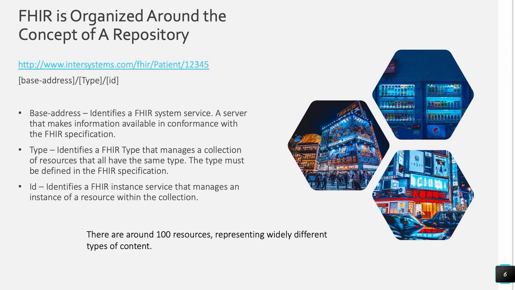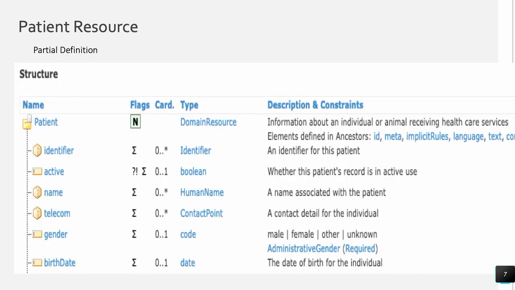And so if you store information in FHIR using this format, you can pull data back, usually as XML or JSON. FHIR has over 100 different resources representing widely different types of content.